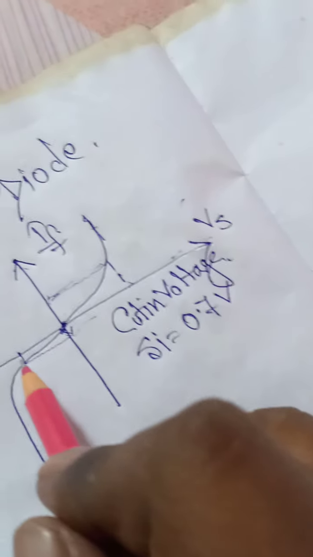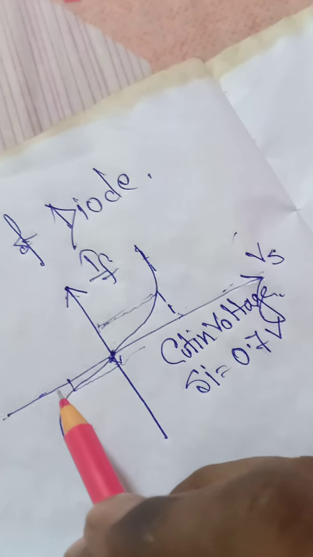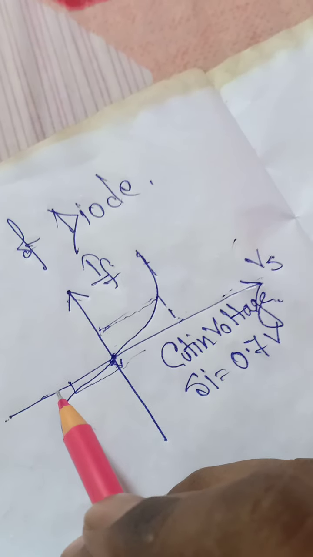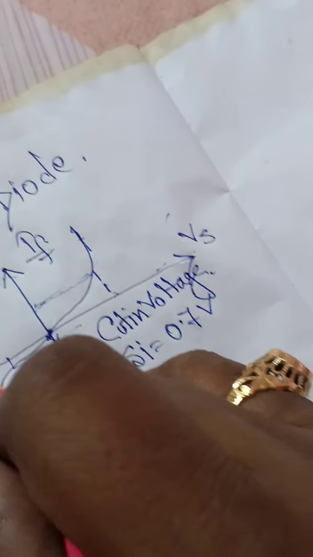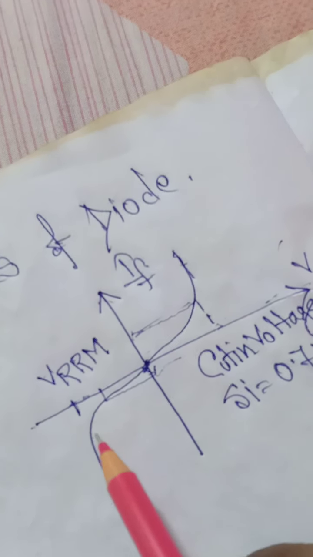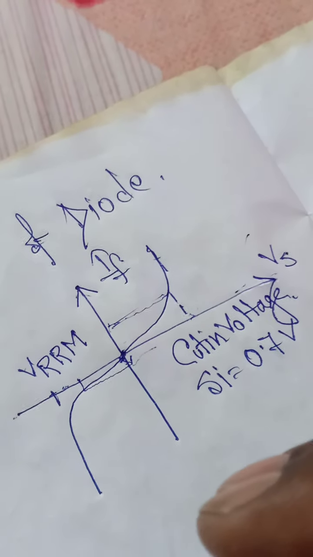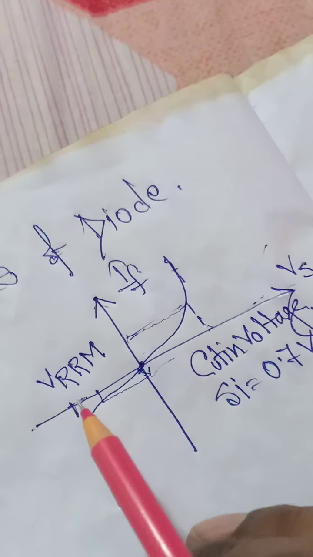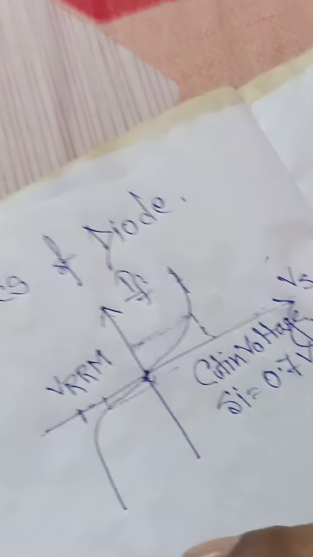Then the voltage in the reverse direction increases up to a level that is called the reverse breakdown voltage. At the time of the reverse breakdown voltage, the diode current rises rapidly in the negative direction.